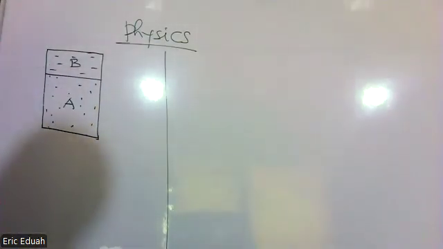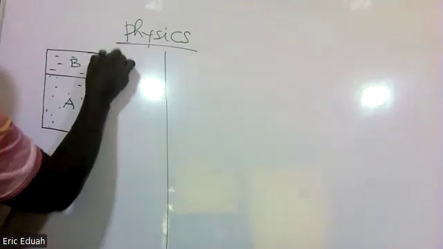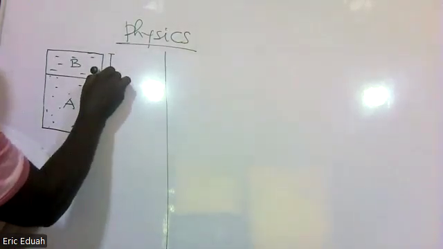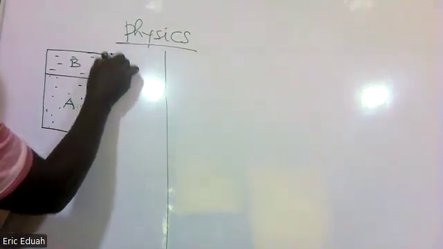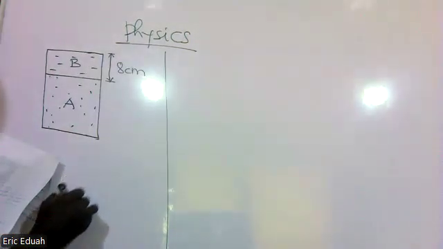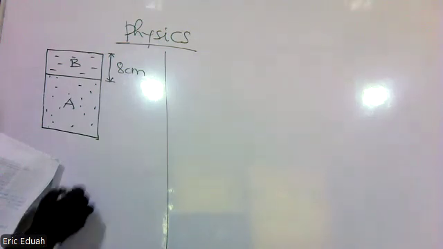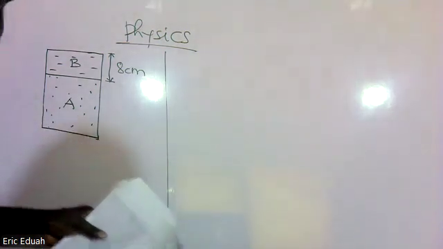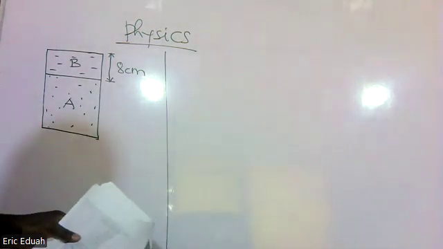We are told that the depth of liquid B is 8 centimeter. The depth of liquid A is 40.